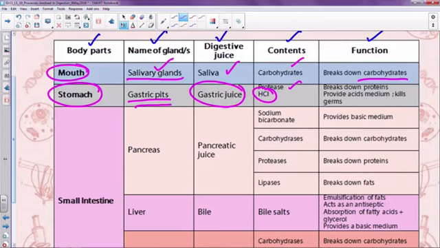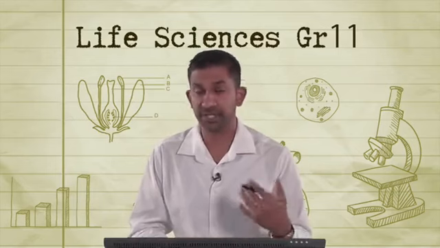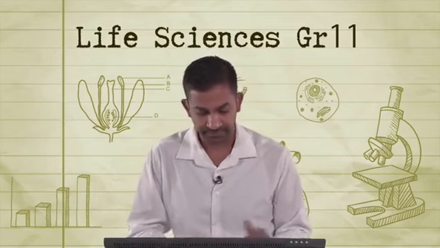The function of the stomach is that it breaks down proteins and also provides an acidic medium and also can kill germs. So part of your body's defense mechanism is that whatever is ingested has to go through that acidic medium, and often it is a very effective mechanism in the destruction of most of the pathogenic substances that enter the body.